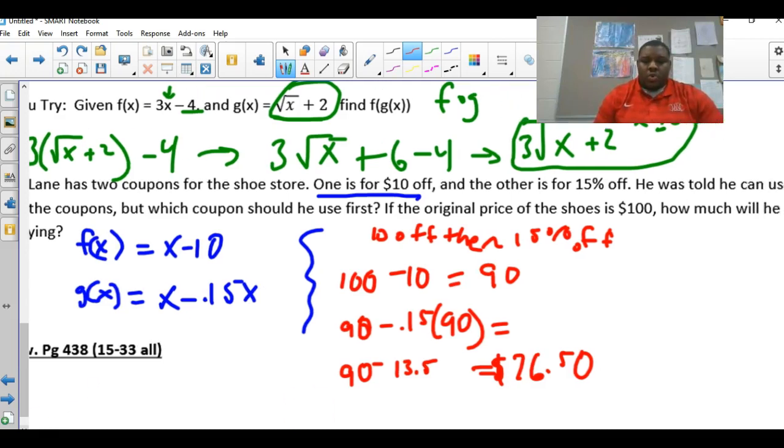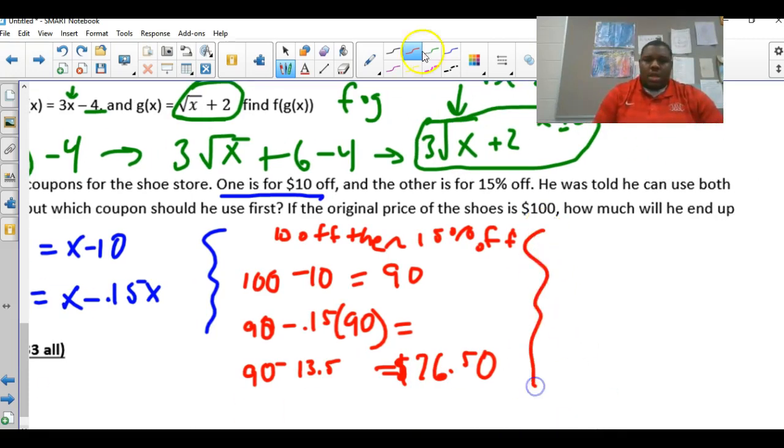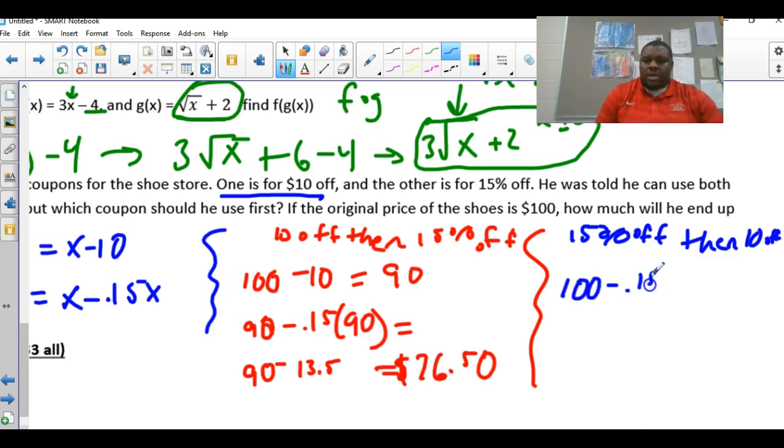Now, if you do it the other way, 15% off, then $10 off, what does that put us at? If the shoes are $100, $100 minus 15% of $100 is $15, so 100 minus 15 is $85.